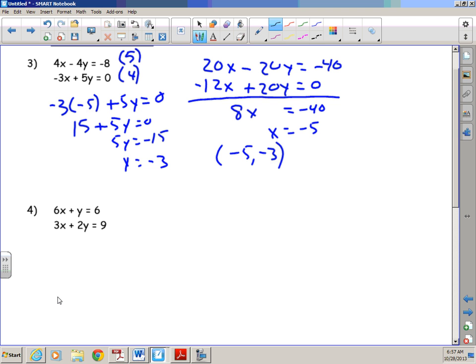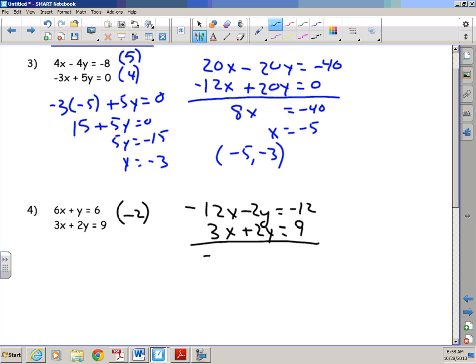The next one, you can go one of two ways here. I'm going to multiply the top one by -2. You could have multiplied the bottom one by -2. Doesn't matter. So I get -12x minus 2y equals -12. 3x plus 2y equals 9.